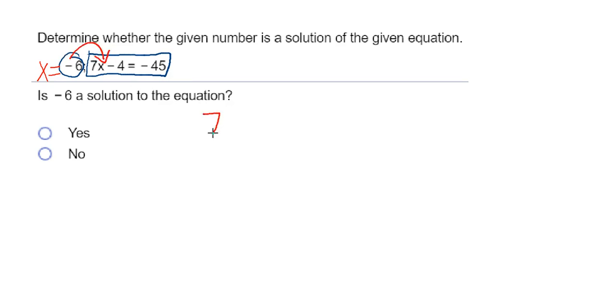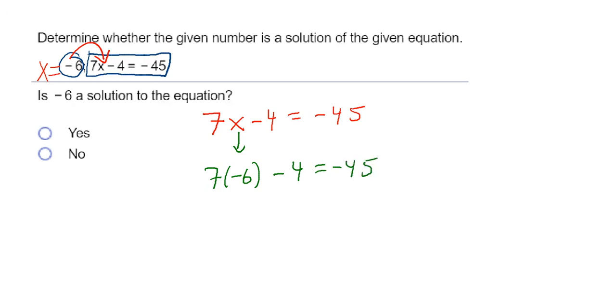All right. So we have 7x minus 4 equals -45. That's the equation. In place of x, we are going to plug in the number -6. Everything else about the equation is going to stay the same. On the left-hand side, we're going to simplify.